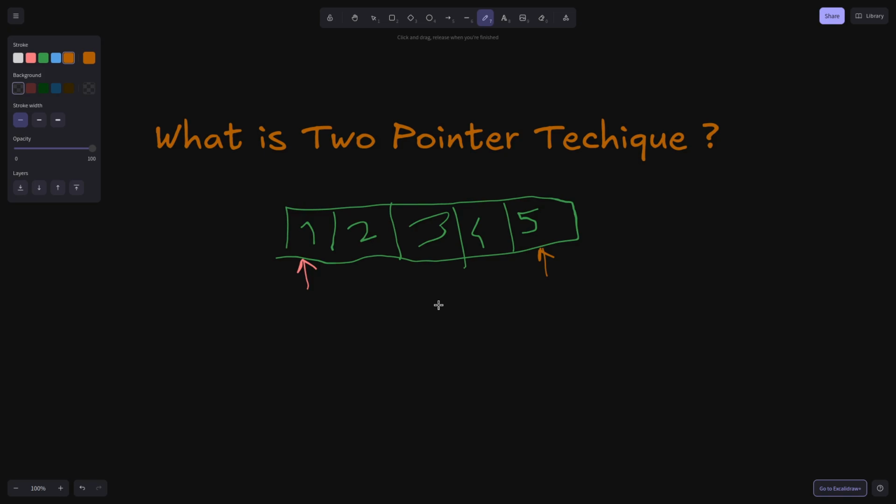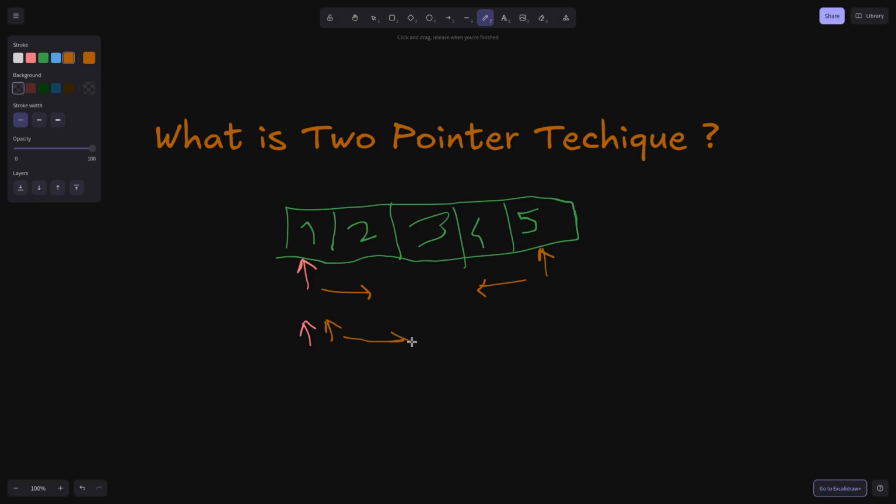We can move these pointers towards each other in problems like pair sum or palindromes, or we can have two pointers together that move one after the other.